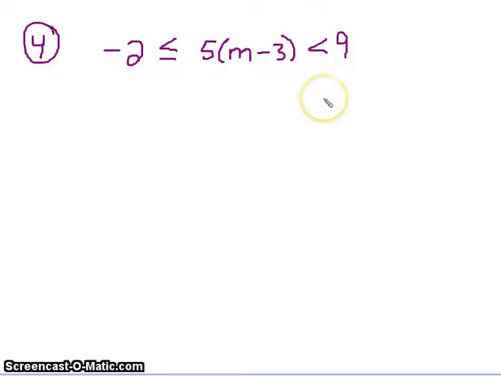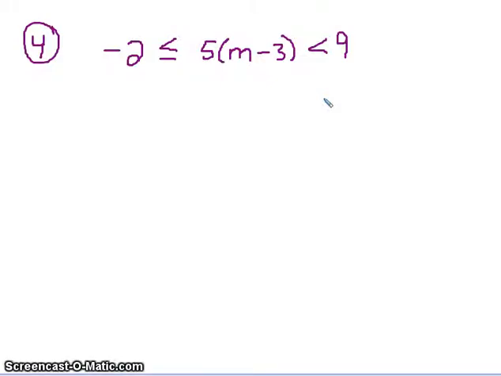Number 4 is negative 2 is less than or equal to 5 times n minus 3, and then it's less than 9. Now, it's up to you.